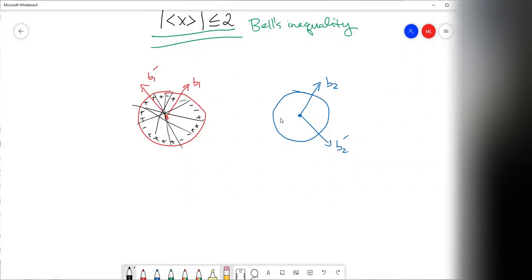You can still know in principle, if you measure along that direction, whether you'll get plus or minus 1. And same thing over here. Maybe there are lots of different sectors of plus or minus 1, and it's in principle knowable what you're going to get when you measure.